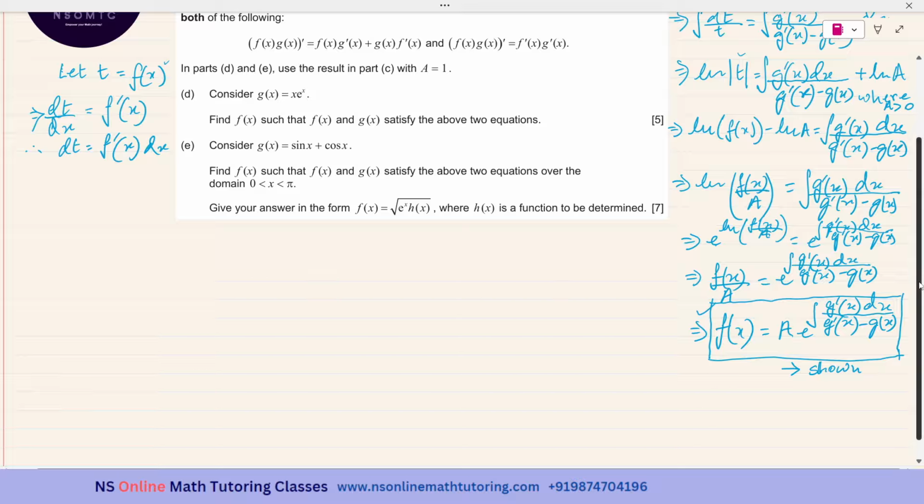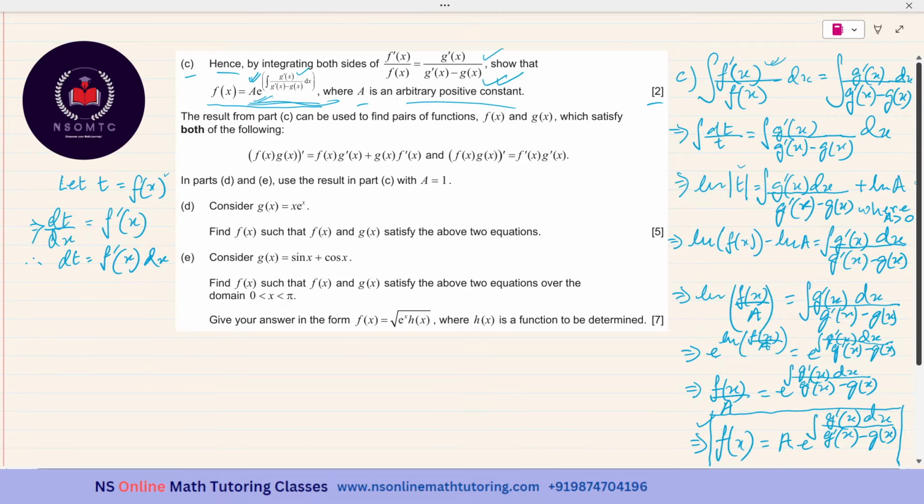The result from part C can be used to find pairs of functions f of x and g of x which satisfy both of the following: f of x times g of x when differentiated with respect to x is equal to this one and also equal to this one. In parts D and E, use the result in part C with e equal to 1.